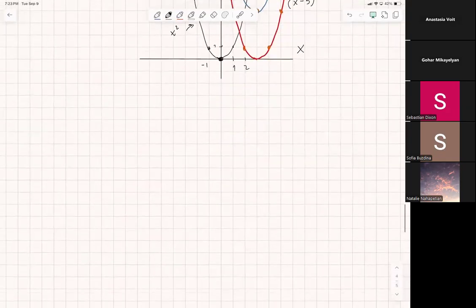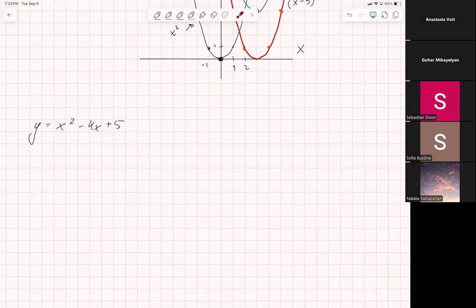Now if we have something a bit more involved, like y equals x squared minus 4x plus 5. All right, so again, when we see x squared, the first thing we know is that it's probably a parabola, right?